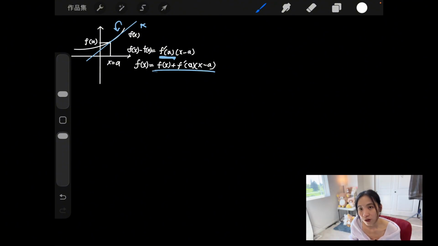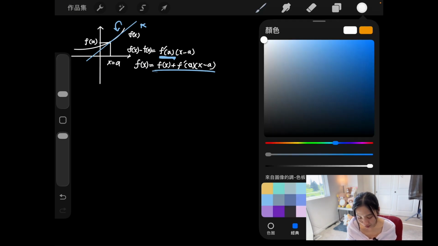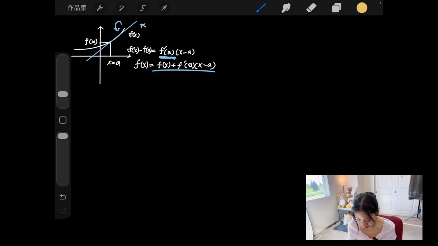Okay, so we all know in Calculus 1 we learned how to calculate the derivative. And it's not very difficult to use this very simple concept to understand what a Taylor polynomial is.